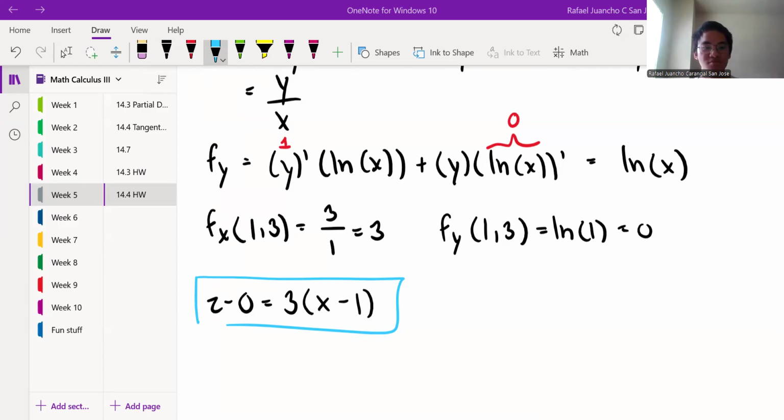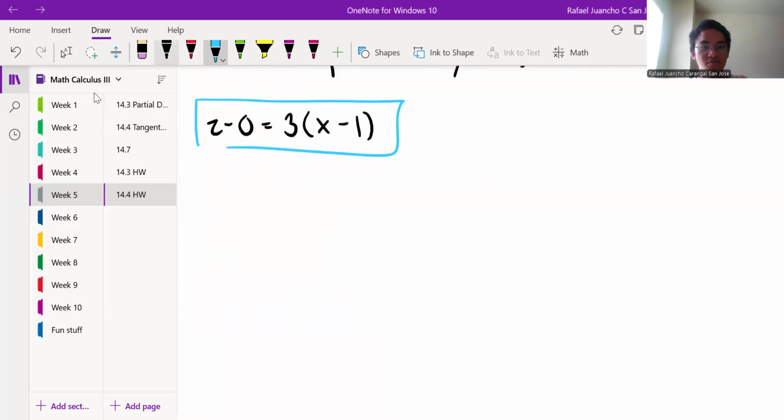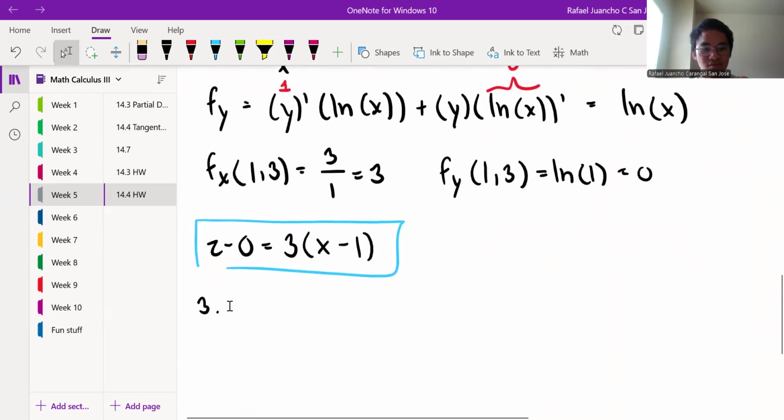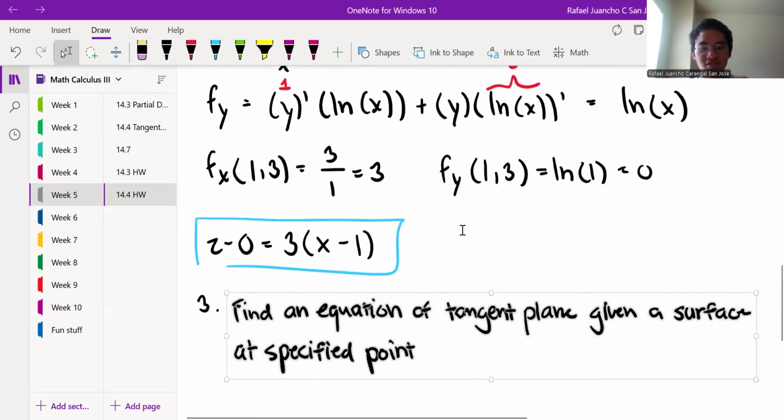We actually have a couple more with this, so let me just quickly do that. Number 3. So we're being asked to do the same thing, actually. I'm just copy and pasting these things.